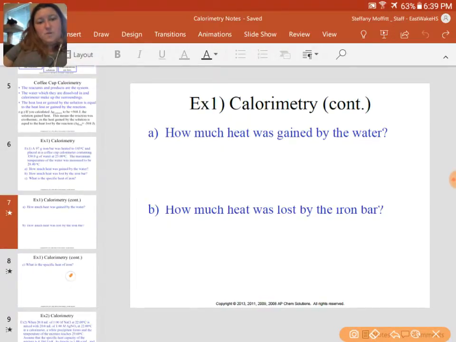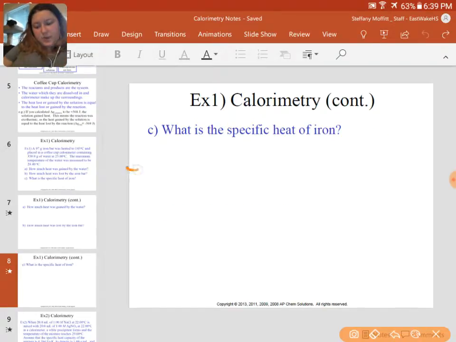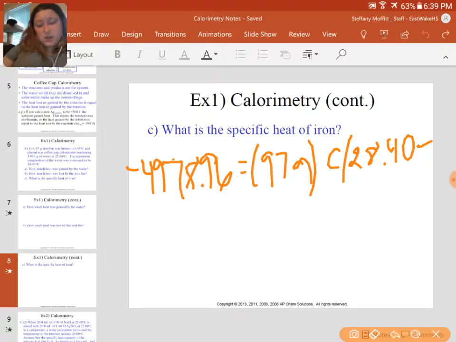Well, if I know the Q of the iron, then I can figure out that C. So Q is negative 4,978.96 technically, equals M for the iron, which was 97 grams, times C, which is what we're looking for, times delta T for the iron, which was 28.4, our T final, minus our T initial, which is actually larger at 143.